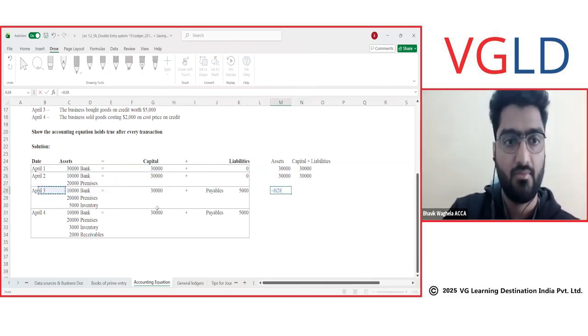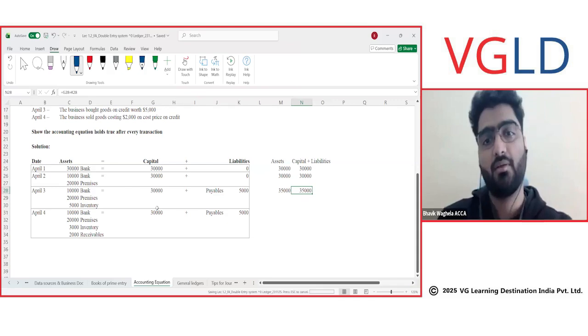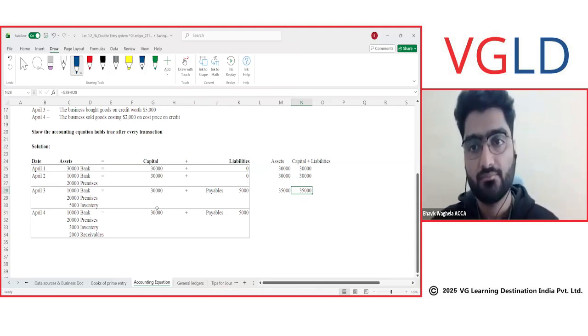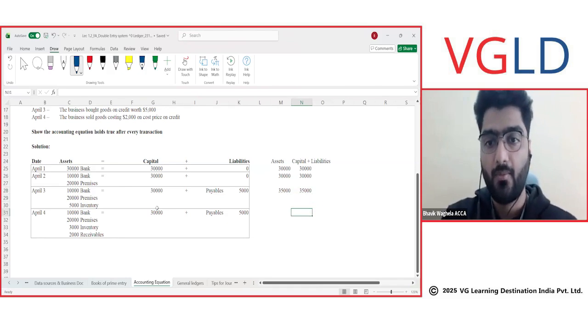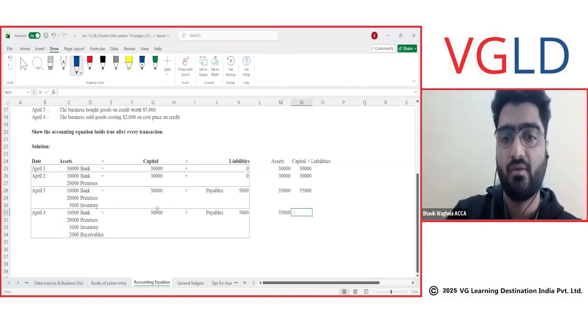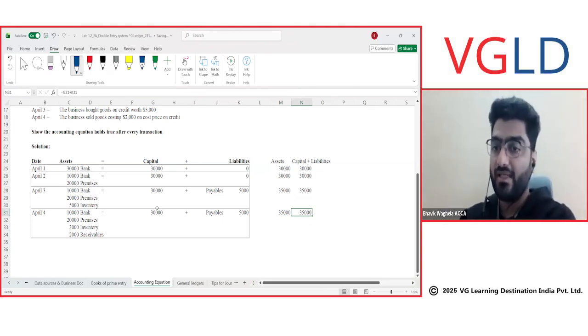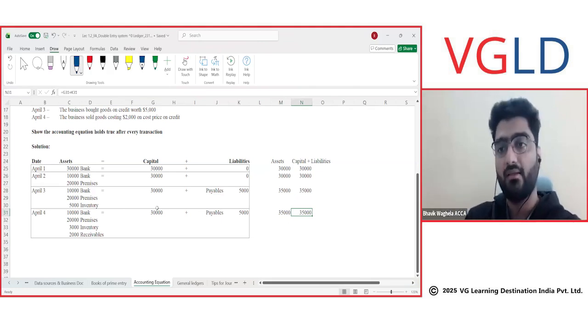On this date, 10,000 plus 20,000 plus 5,000 is 35,000, equal to capital 30,000 plus liabilities 5,000, 35,000. And here, 10,000 plus 20,000 plus 3,000 plus 2,000, 35,000 is equal to 30,000 plus 5,000, 35,000. So at any point of time, your asset amount is equal to the capital plus the liabilities.